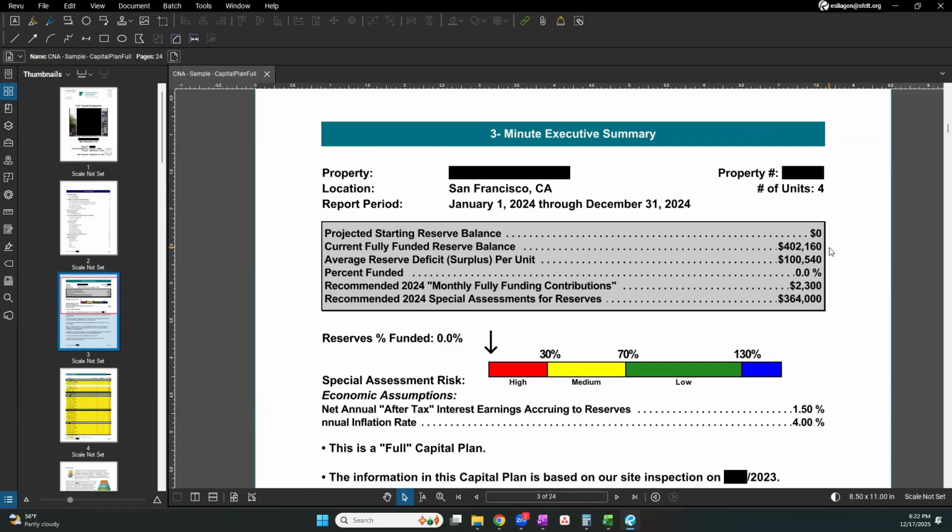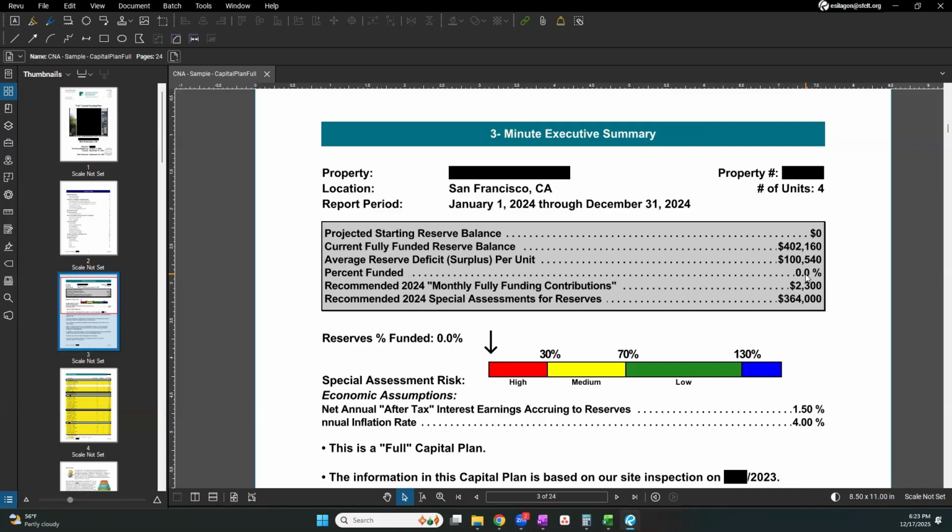What we would need today in order to be fully funded is $402,160. This is the ideal amount in order to address all the immediate repairs and be well funded for any future issues. And so because we don't have anything, we have an average reserve deficit per unit. And we're 0% funded right now.